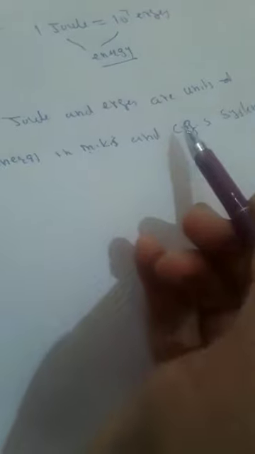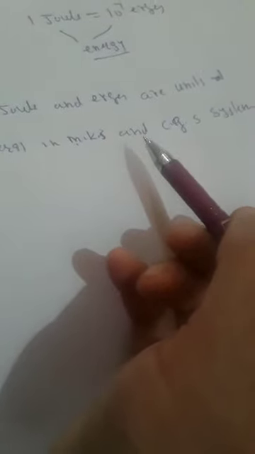These are systems of units, one is the MKS system and the other is the CGS system. In the MKS system, mass is measured in kilograms, time in seconds, and length in meters. In the CGS system, mass is measured in grams, time in seconds, and length in centimeters. Both of these are units of energy, or we can say work.